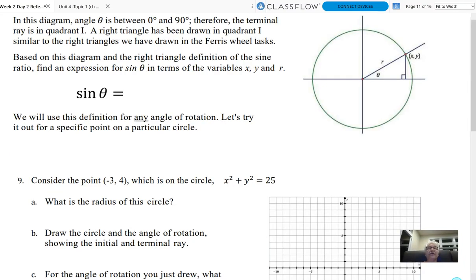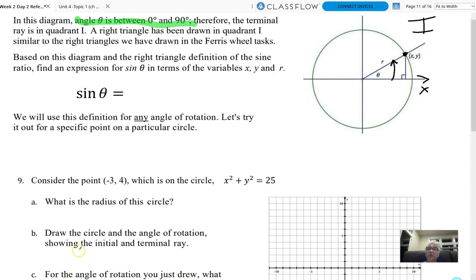So in this diagram, angle theta is between 0 and 90. So I'm already in quadrant 1. The right triangle has been drawn. So basically, the terminal ray rotated from the positive side of the x-axis to this point on the circle.